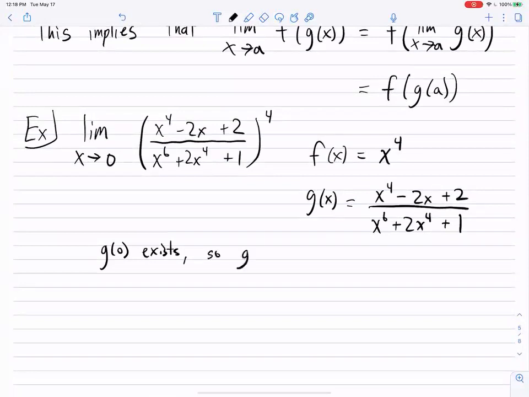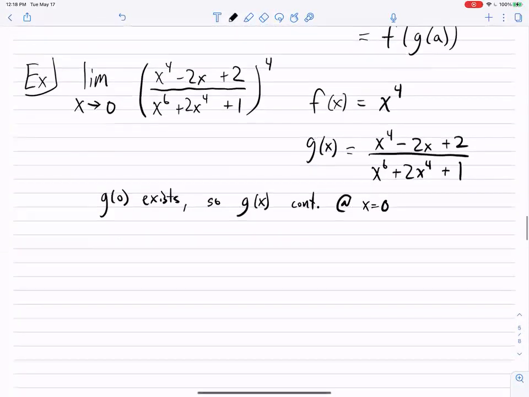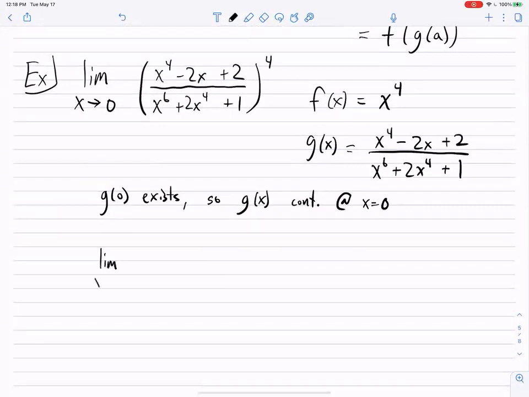So g of x is continuous at x equals 0. And so what can we do with that? That means the limit as x approaches 0 of this function f of g of x, because this is a continuous function and that's a continuous function, their composition is a continuous function at 0.